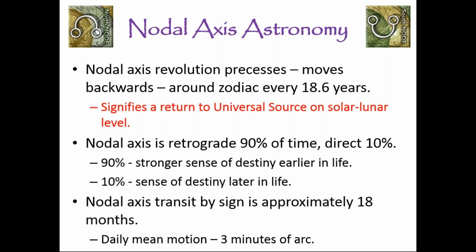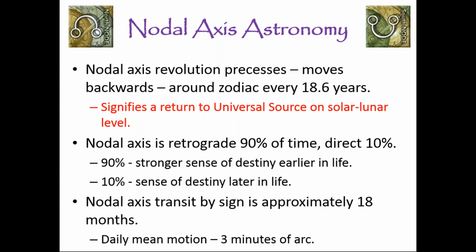Those who were born with the nodal axis direct, the 10%, will have the sense of destiny come for them later in life. I was born with the nodes direct, and that has been the case for me.